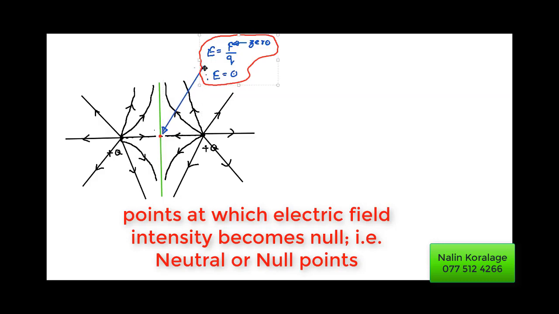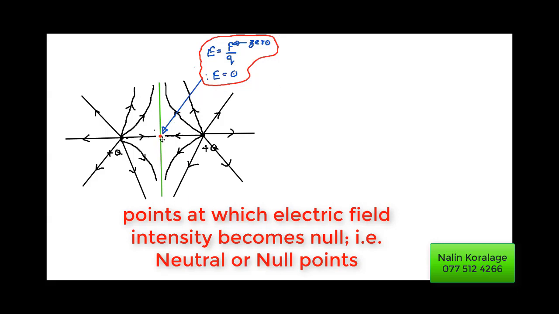That's the idea. So we have found a point in the electric field at which electric field intensity has become 0. Why? Because there is no net force acting on that testing positive charge.